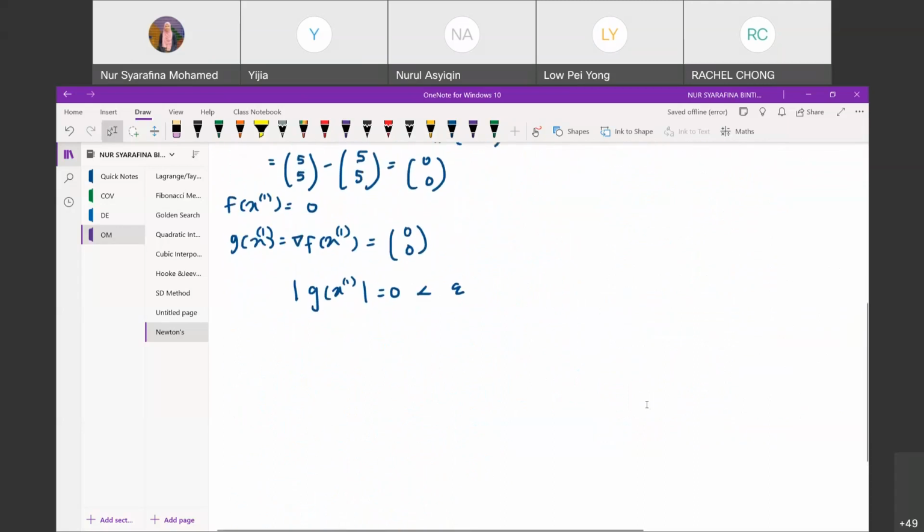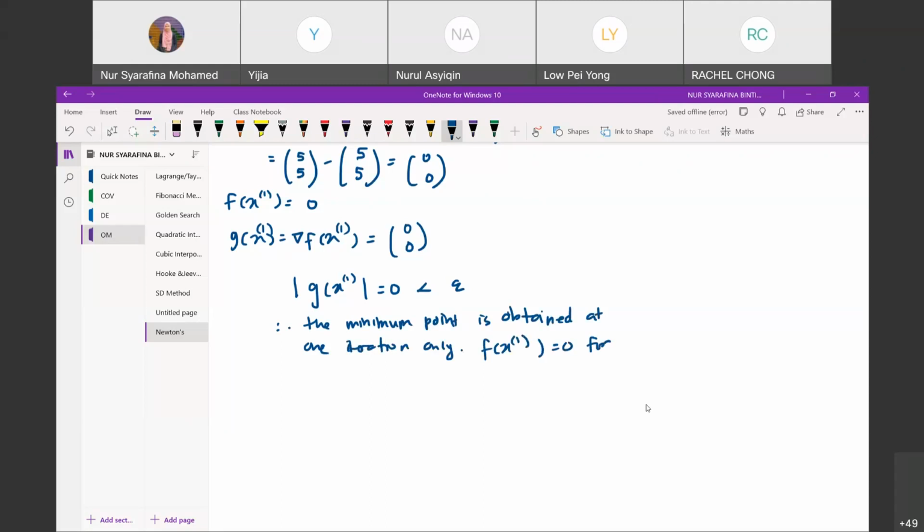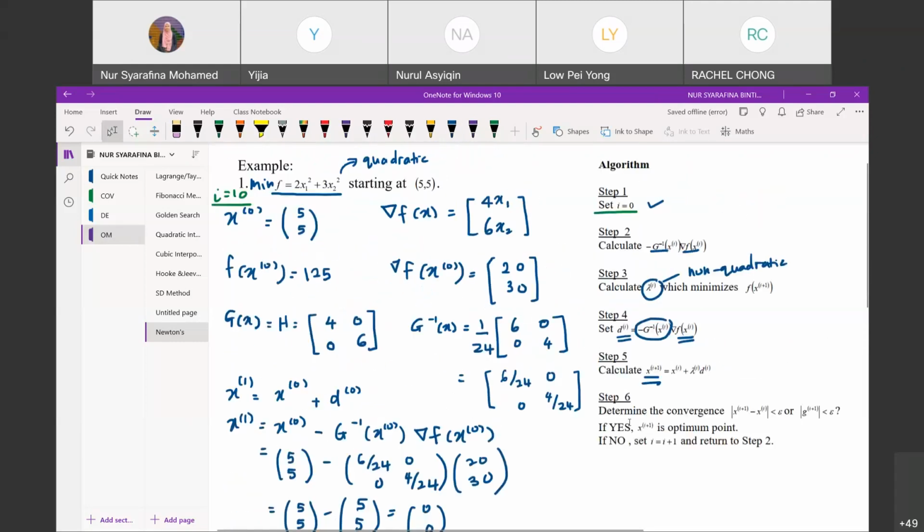All right. So for a quadratic function, this is how we do Newton's method.